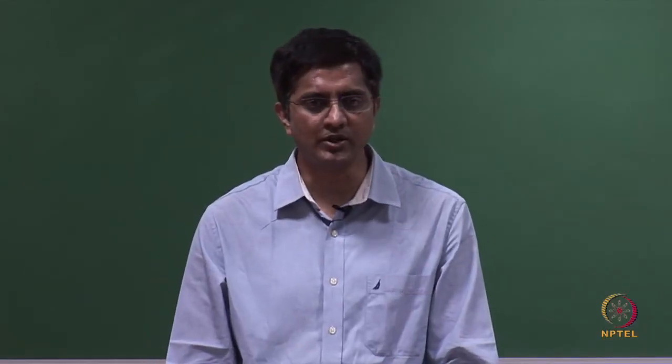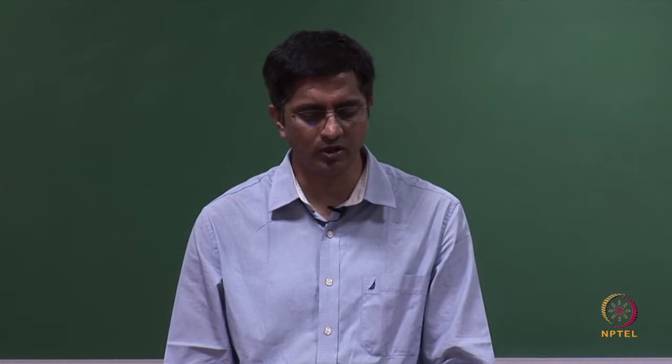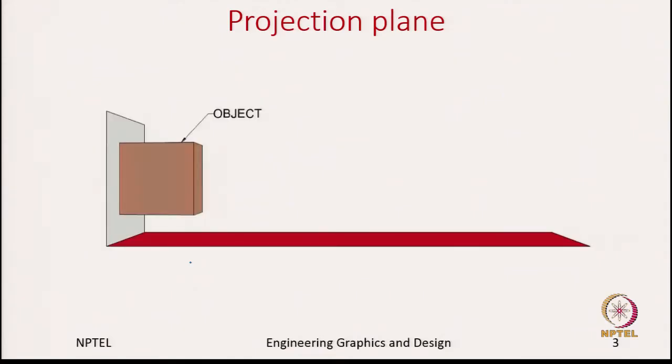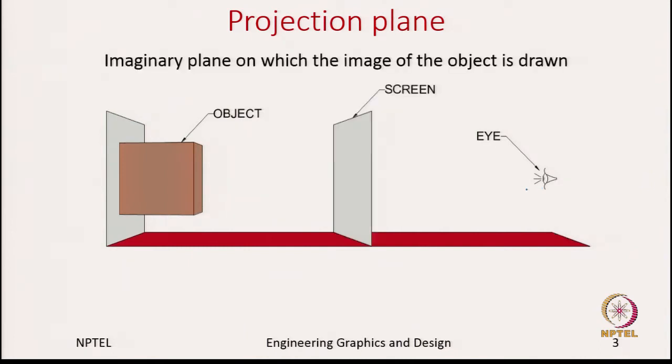One way to solve that is to introduce a concept called a projection plane. Let us see what this is. Let us assume we have an object in 3D space and here is our observer. Let us say you or I are standing here in front of the object and looking at it. Now, what we do is we imagine a plane between the object and the observer.